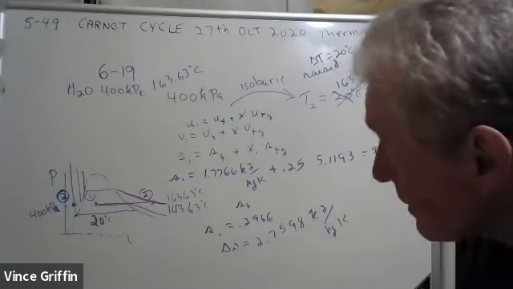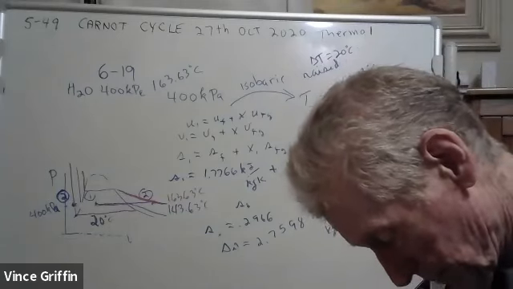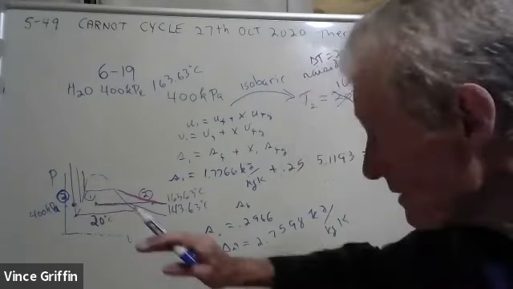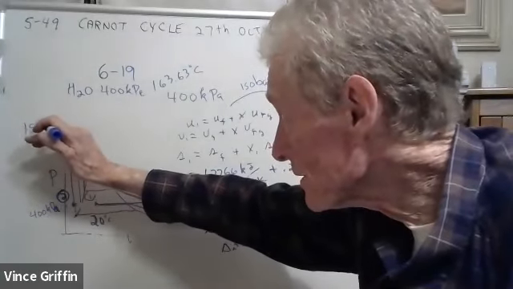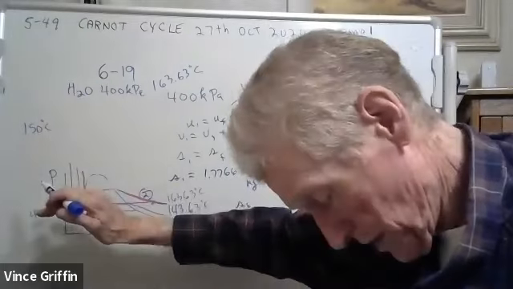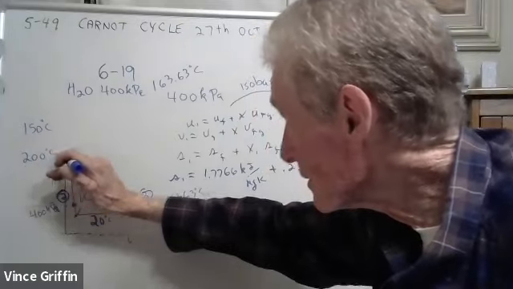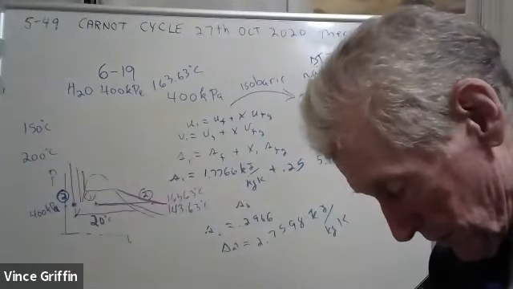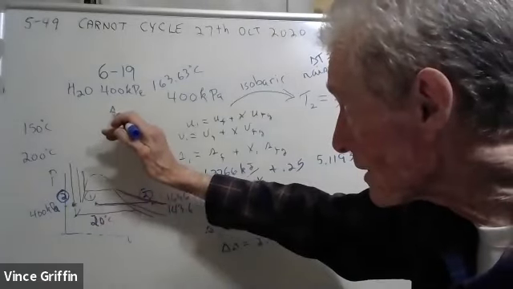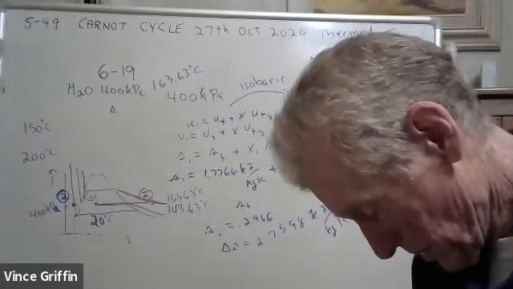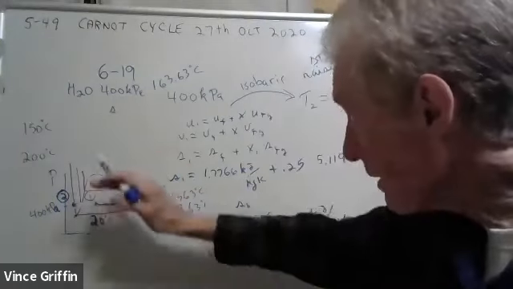And what we need is 163. Well, they don't have 163. I'll tell you what they have is they have 150 degrees Celsius and they have 200 degrees Celsius at 400 kilopascals. And what we're after is a little s, see? The little s is 6.9299.